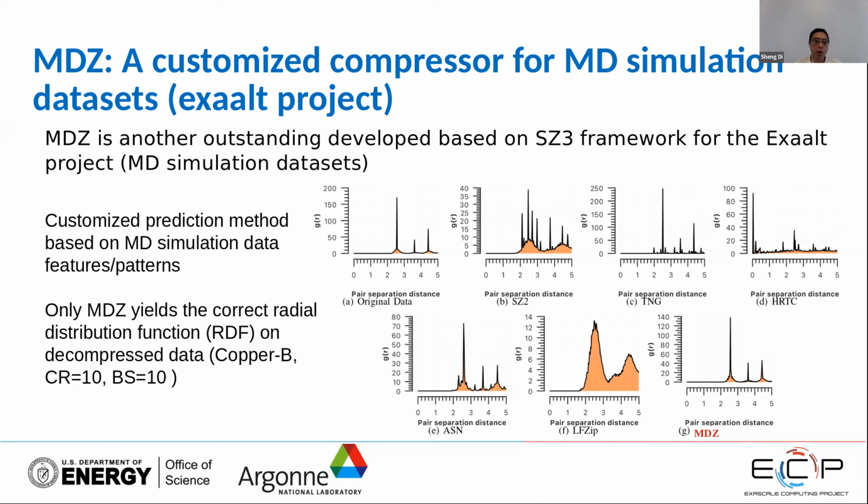How to determine the compressor actually depends on the application or users' requirements. For example, some users want high compression ratio, and some users want very high compression speed. HDF5 is just an I/O library, but it can already integrate different compressors using the H5Z filter mechanism.